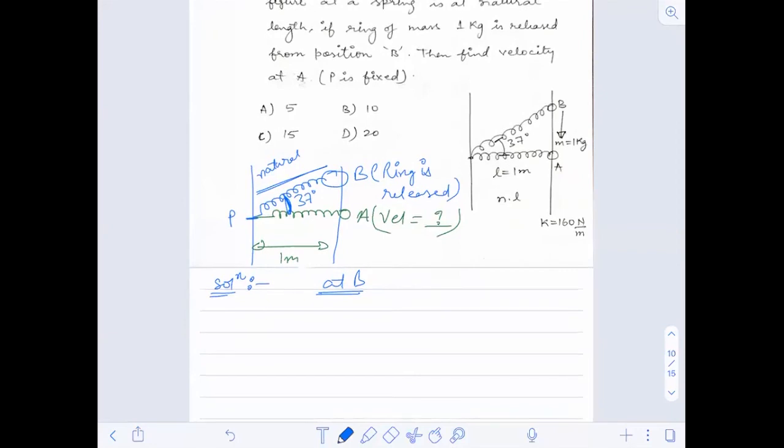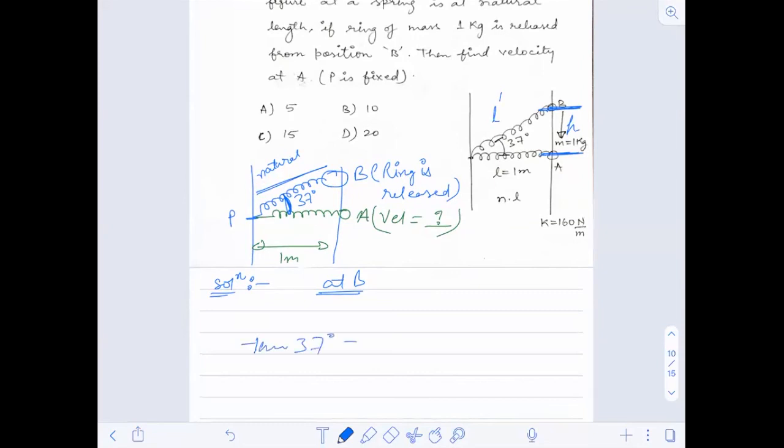You have to solve this. You can calculate this length. Suppose this length I'm assuming as L dash, and this height, A to B, I'm assuming as H. Now I can calculate tan 37.